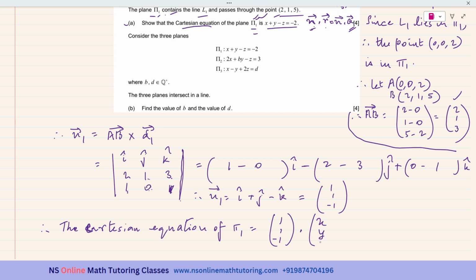So x, y, z is equal to 1, 1 and negative 1 dot.